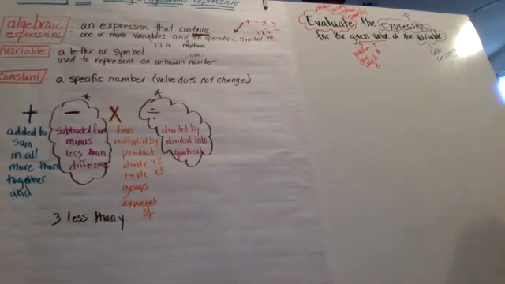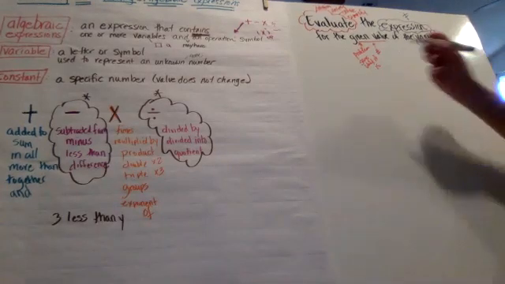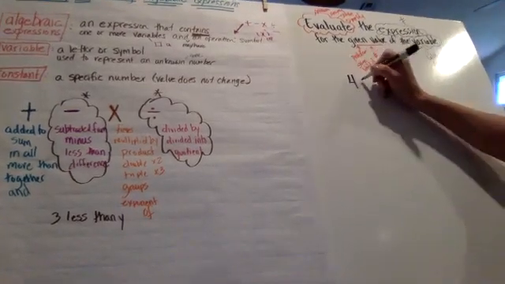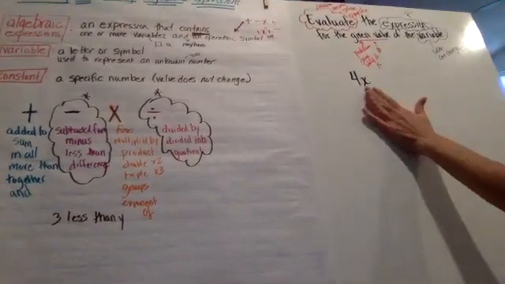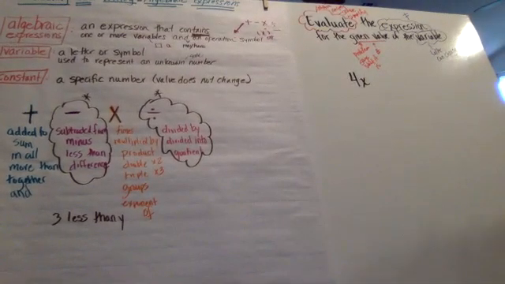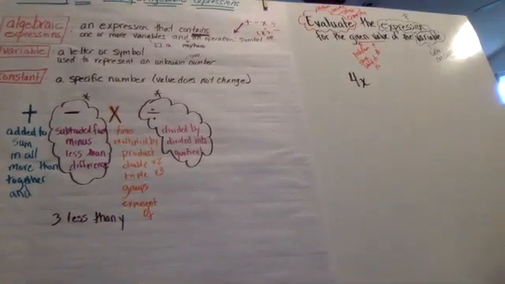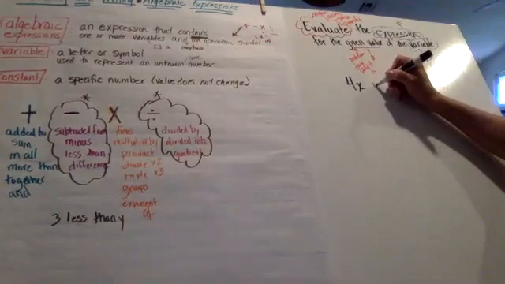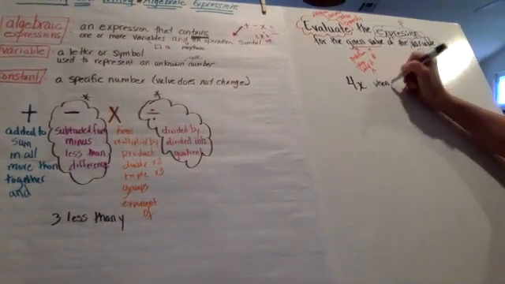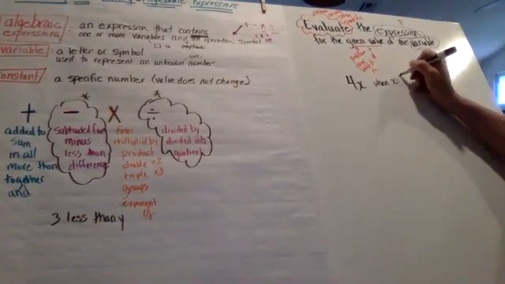So we have an expression like 4x. We have an expression like 4x, and there's really nothing more we can tell you other than I have 4 sets of x, whatever x is. But your problem says to evaluate the expression when x is equal to 8.